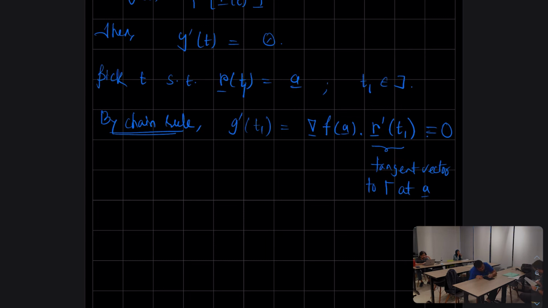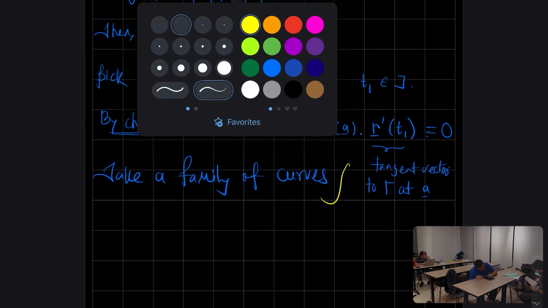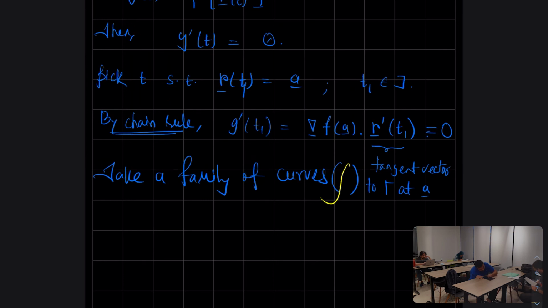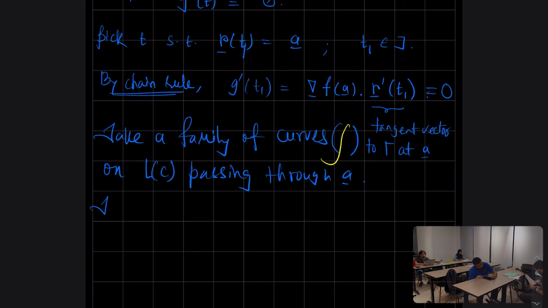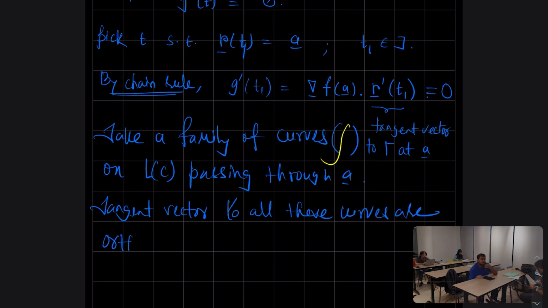So take a family of curves, that's basically this in our picture: curves on the level set passing through A. The tangent vectors to all these curves are orthogonal to the gradient of the scalar field at that point.